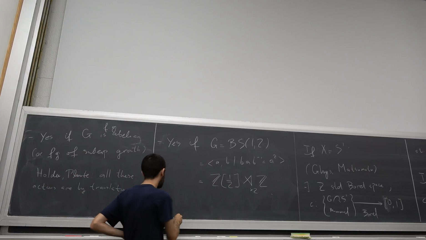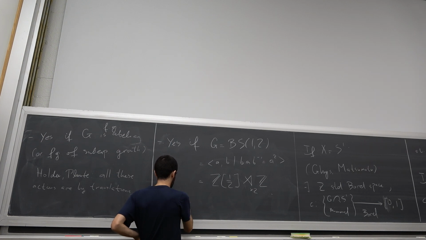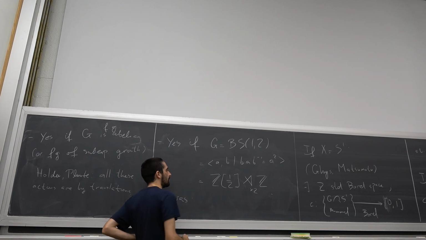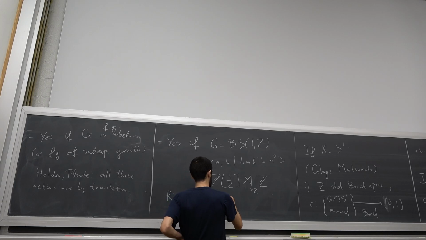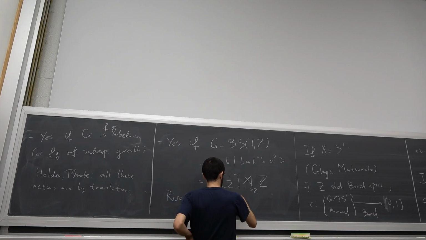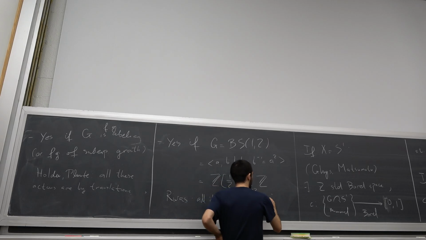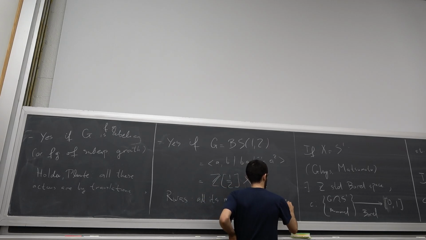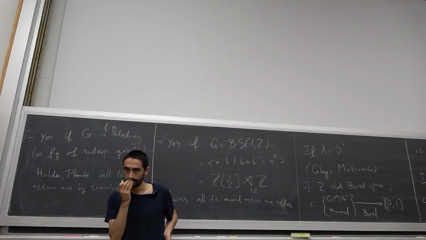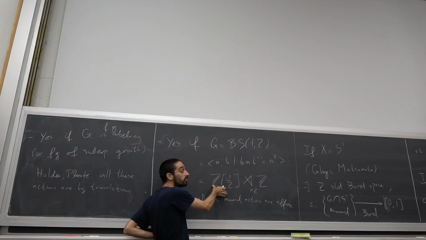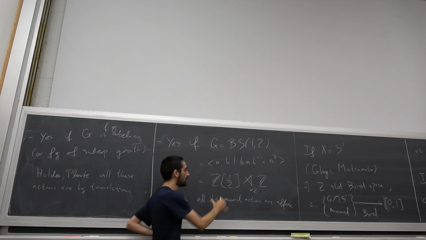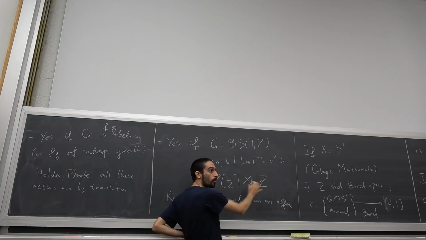And there's a result by Rivas saying that all its minimal actions are affine. I mean, either they're conjugate to this thing, acting on the line. This guy acts by translations and this by homomorphisms.